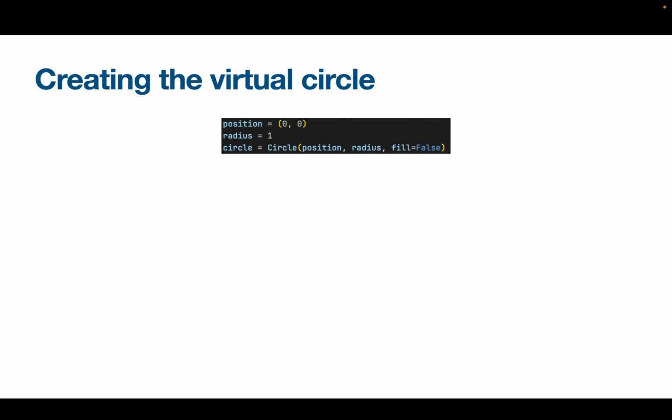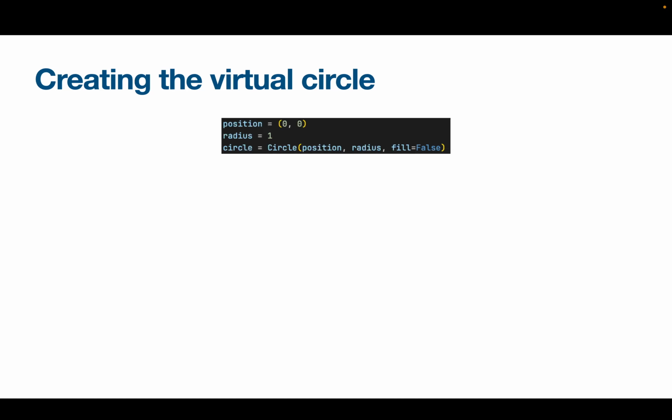The reason I'm using a radius of 1 is because the radius is half of the diameter, and the diameter we use here is the length of our graph, which would be 2, because -1 to 1 has a length of 2.